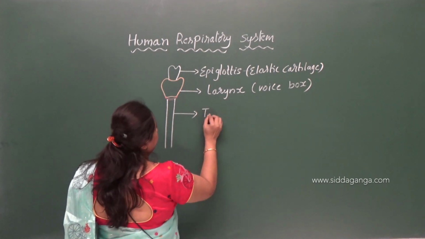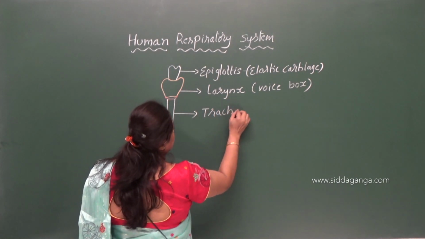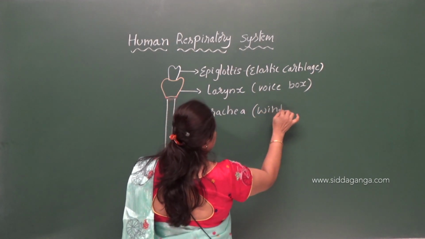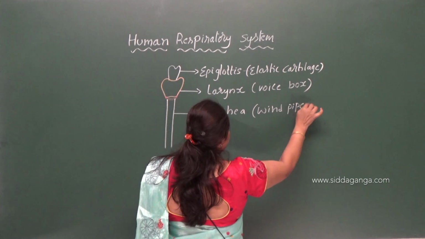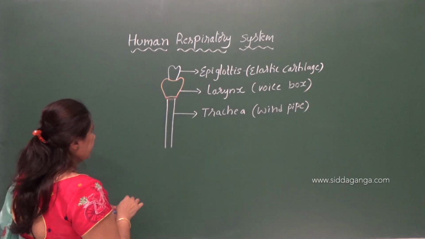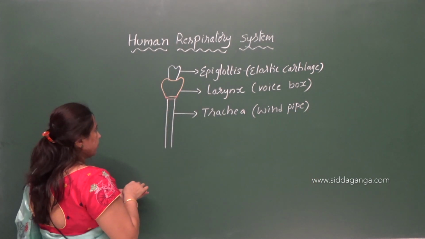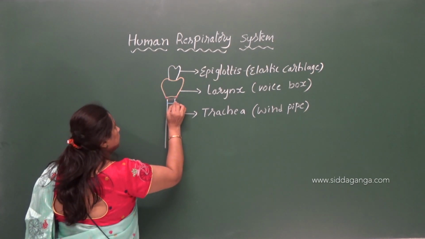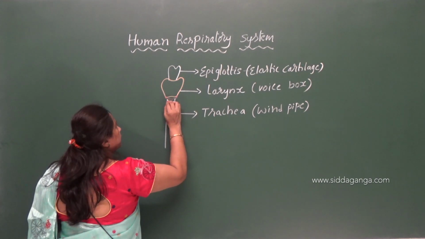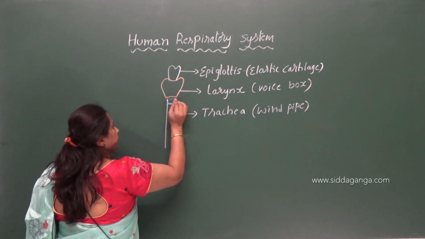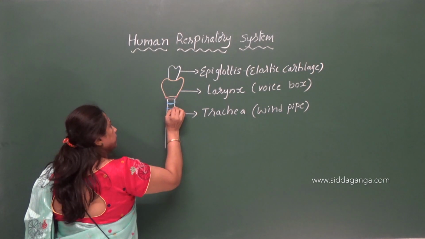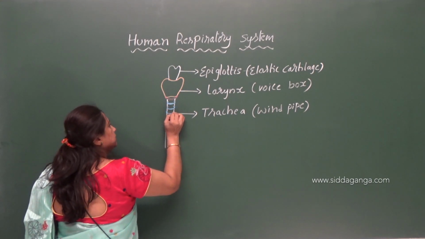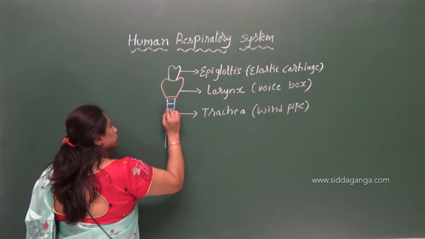It is also called the windpipe. Now this trachea is supported by C-shaped cartilaginous rings.